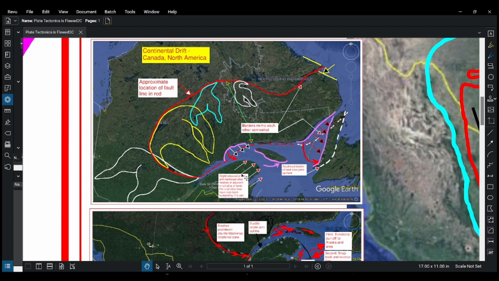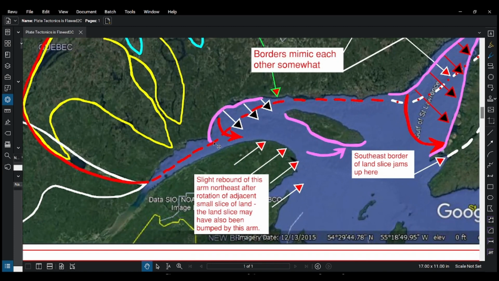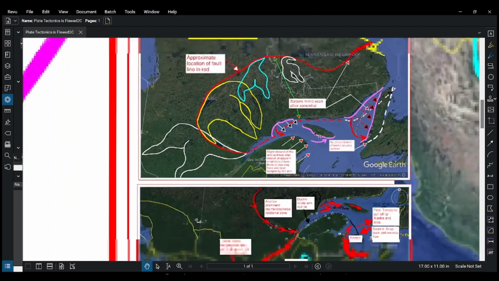Evidence that the refold subdivision on the right, this is New Brunswick, that it actually came up, is that when this rotated off, it would have been blocked by this. So this advanced forward to the northeast, this little subdivision here around New Brunswick, Canada. After that got knocked out counterclockwise here, that piece of land.